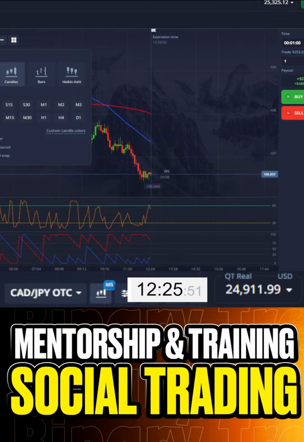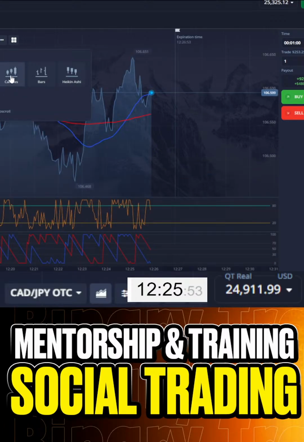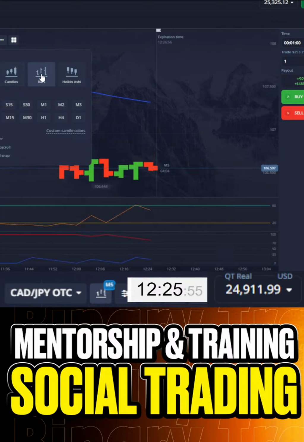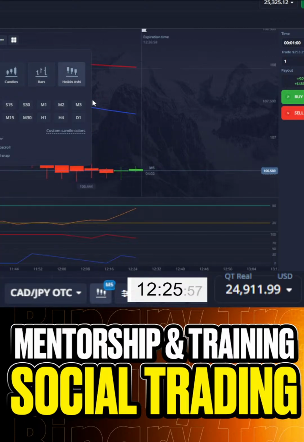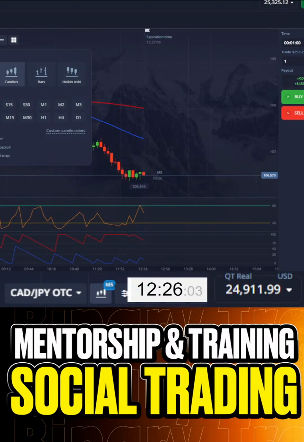You can have lines, candles, bars, Heikin. It's whatever is comfortable for you. I am using candles. These are the time frames which you can choose. Enable timer means you see when the candle will be closed.